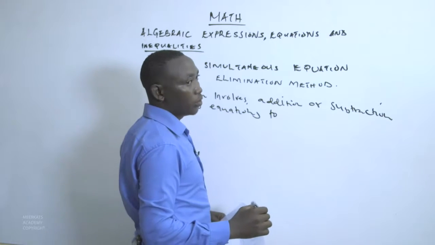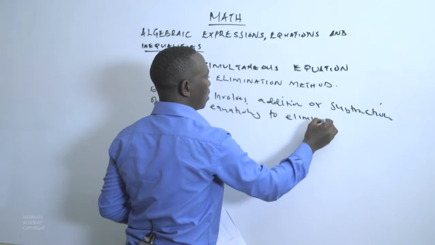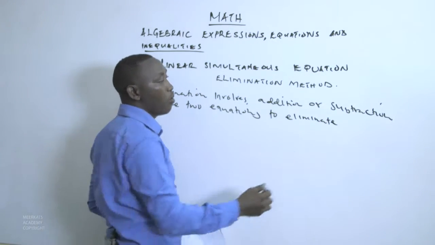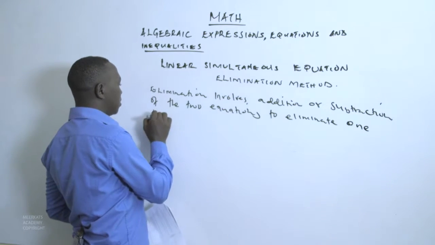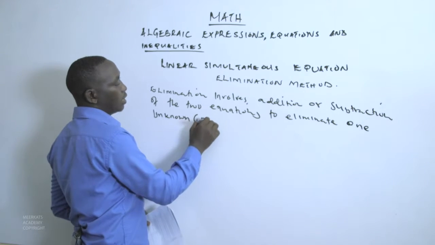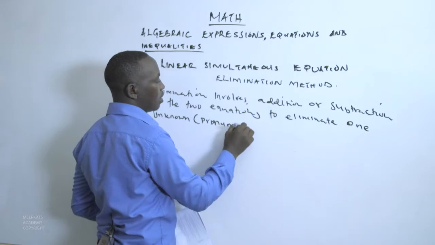for you to be able to remove or eliminate, or kill or completely remove one unknown, which in this case we are referring to as the pronumeral.